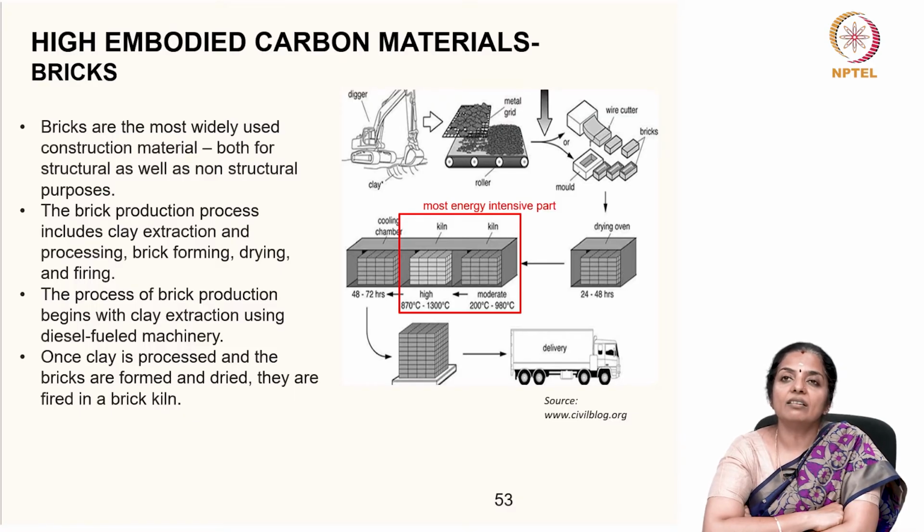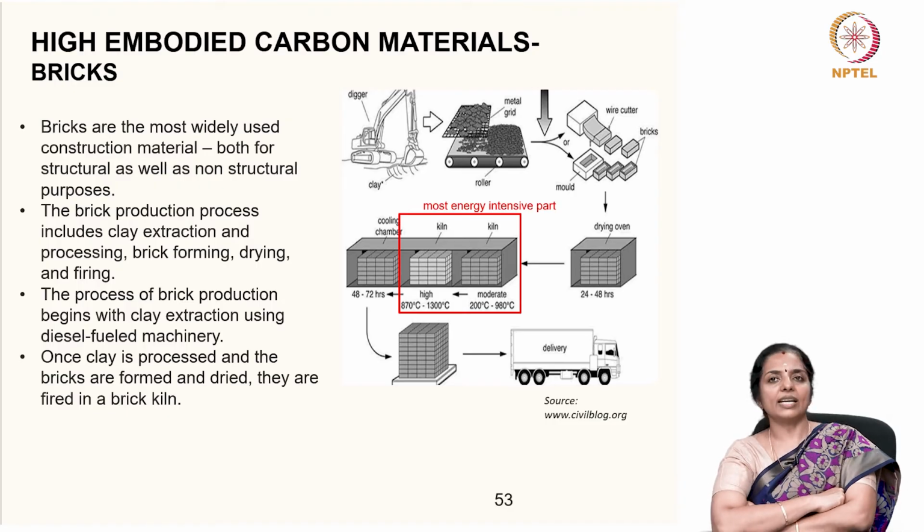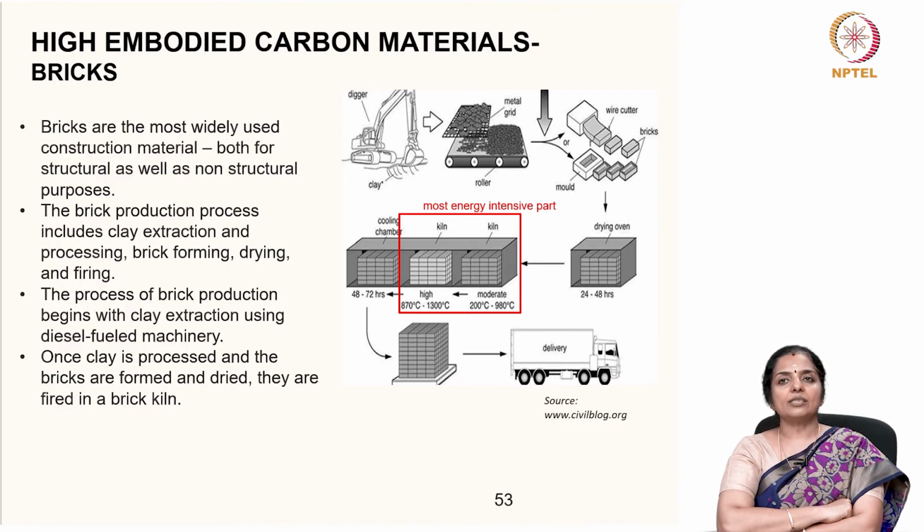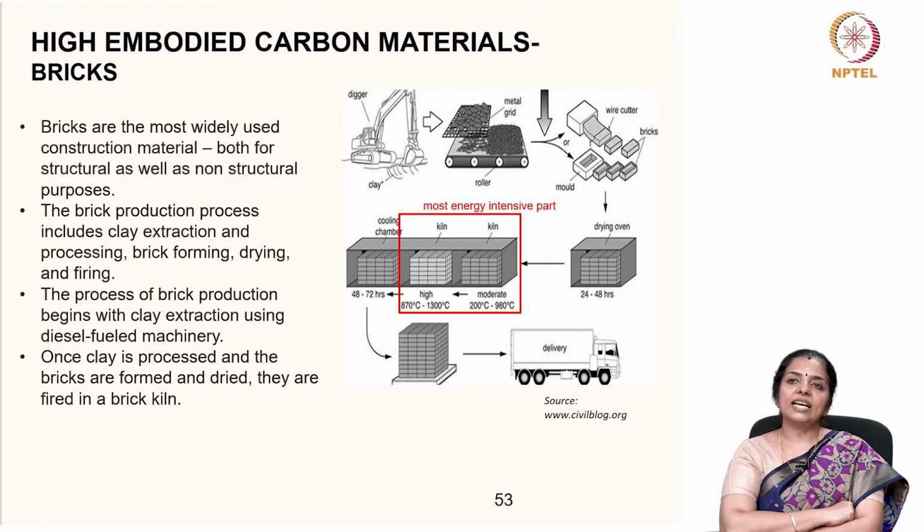Depending on the fuel used to fire the kiln, the embodied energy of brick gets increased or decreased. The kilns primarily use coal but also use firewood and other biomass fuels. It is estimated that the Indian brick industry consumes more than 24 million metric tons of coal annually, in addition to several million tons of biomass fuels.